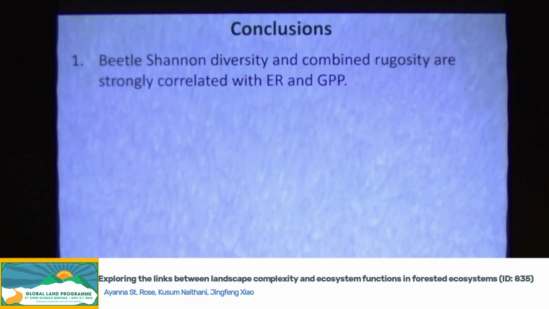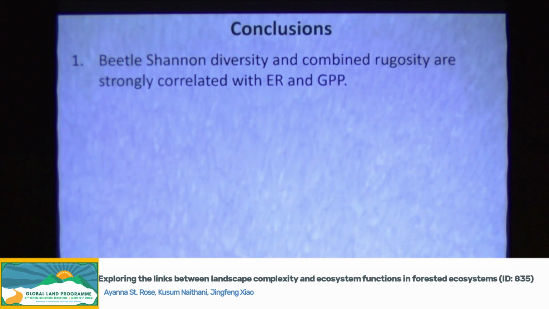So in conclusion, we can say that beetle-Shannon diversity and combined rugosity are strongly correlated with ecosystem respiration and gross primary productivity. Now this came kind of a shock to us to see beetle-Shannon diversity appearing in this equation, and we still have to do a lot of research because there's not much research when it comes to looking at beetle-Shannon diversity and how it is related to ecosystem function.